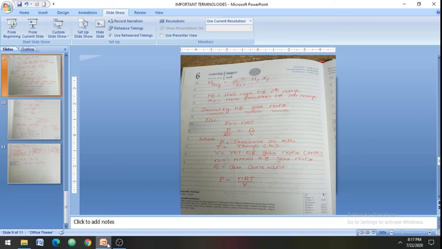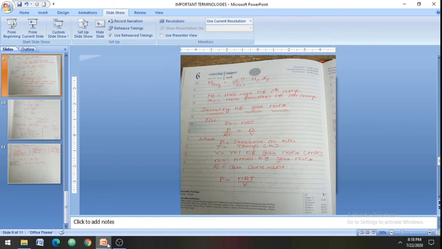In this case, we want to calculate the M average value. M average, here with two components, the first one is carbon dioxide. How will you write this expression? M CO2 into X CO2, plus, for the other component, M hydrogen into X hydrogen.